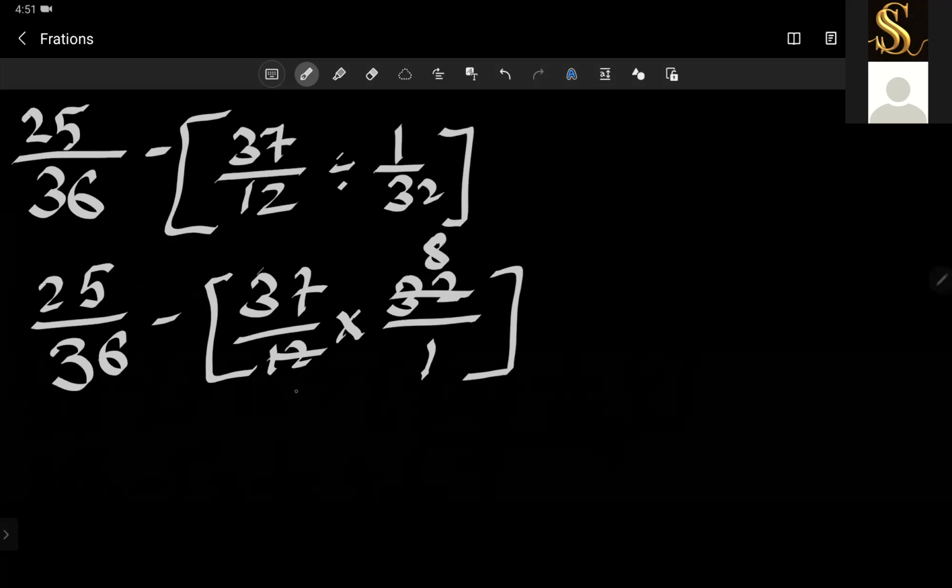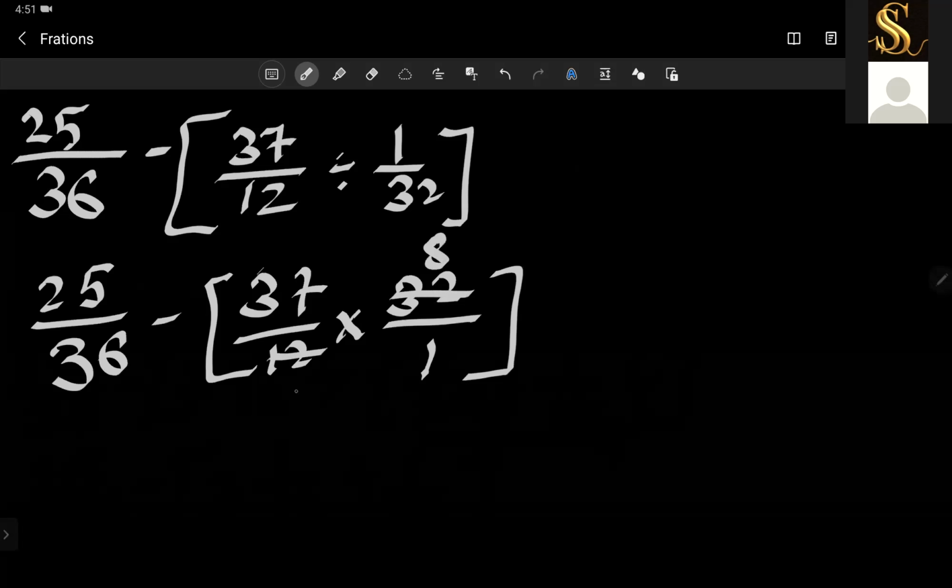So this will become 25 upon 36 minus, in the bracket, 37 into 8 upon 3, as this is 1, so it will become 3. So this will become 25 upon 36 minus 37 into 8. So now what is 37 into 8? It will be 296 upon 3 here.